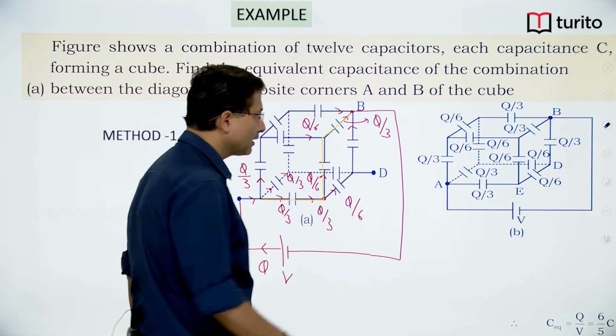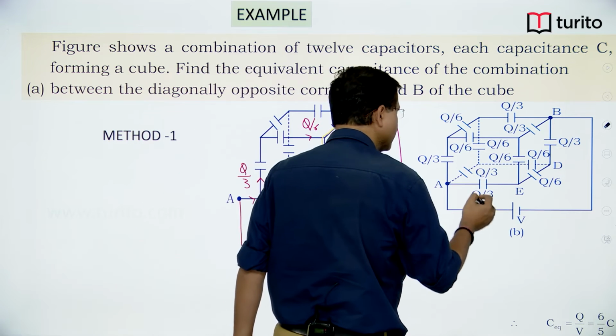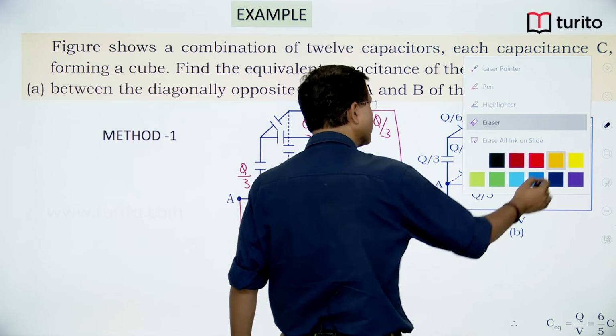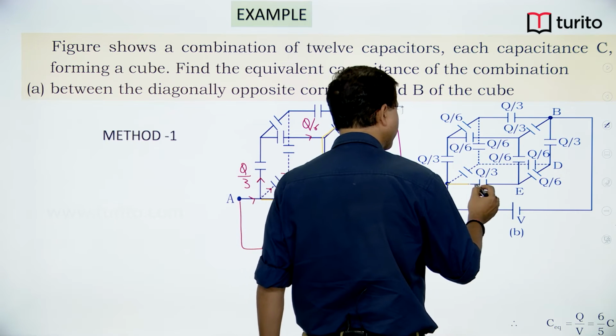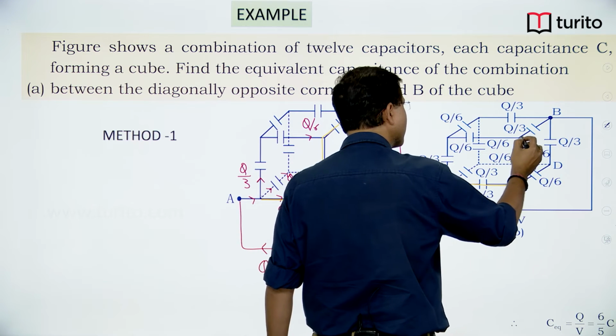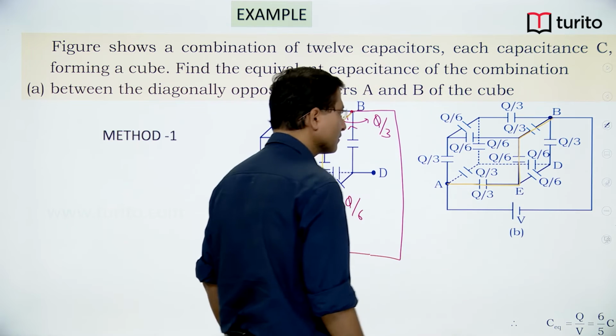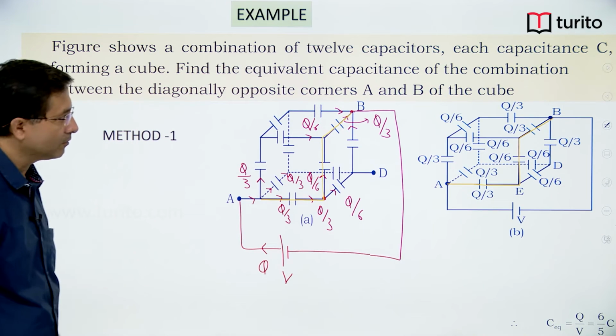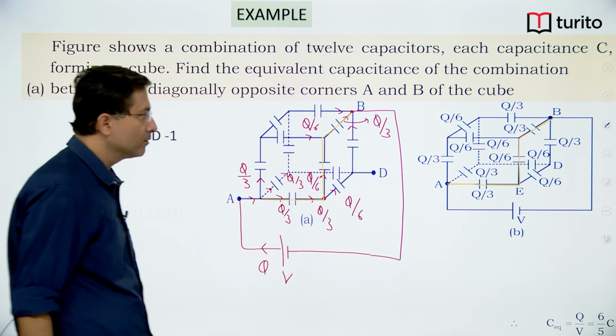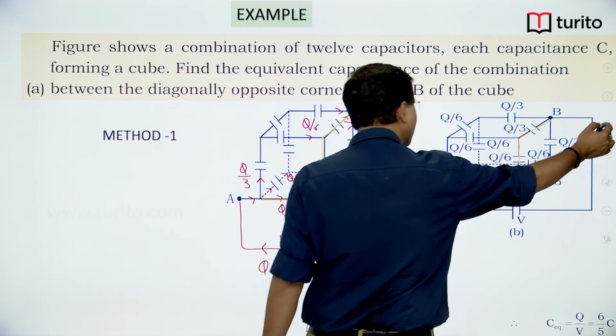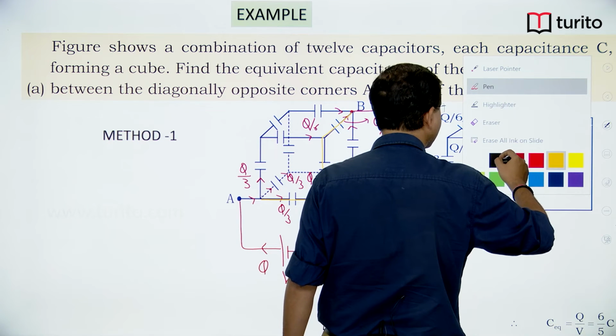So, I have taken this branch. Now, I hope it is clear.